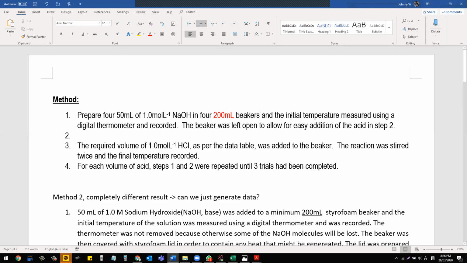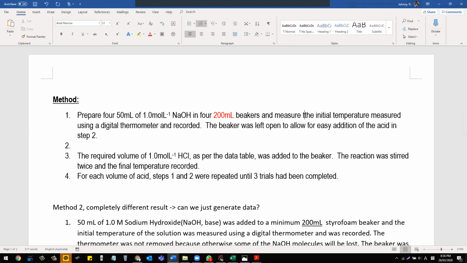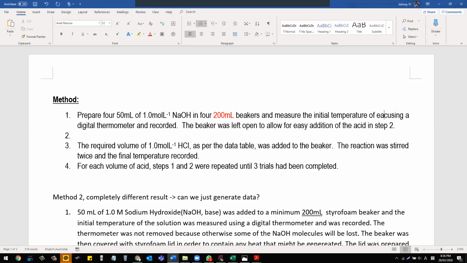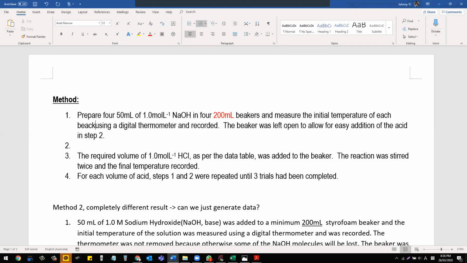And measure the initial temperature of each beaker using a digital thermometer. It has to be something like that. Beaker was left open to allow easy addition, so step 2.